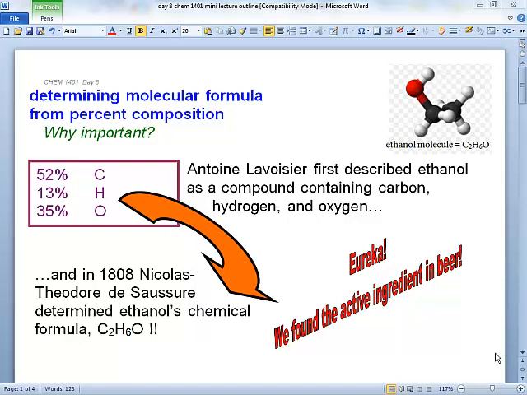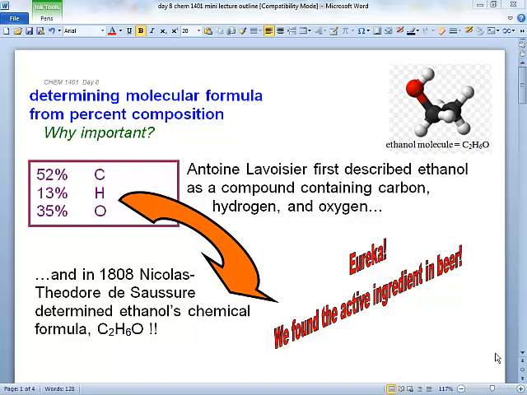Today is pretty much the last new thing we're going to talk about before our exam, and that's getting molecular formula from percent composition. This guy, Lavoisier, I don't know how to pronounce French too well.